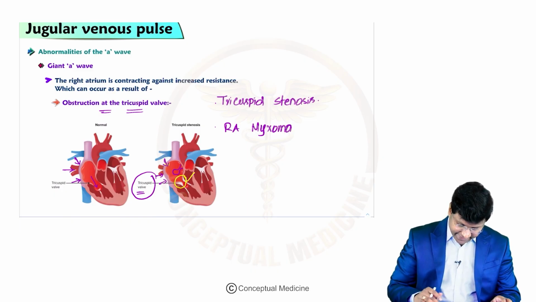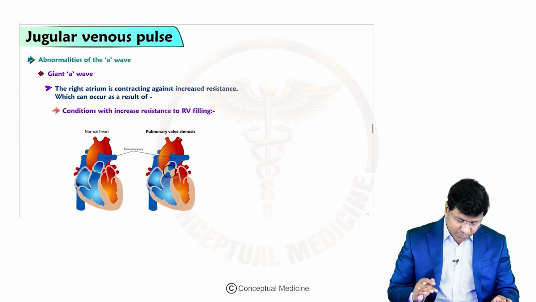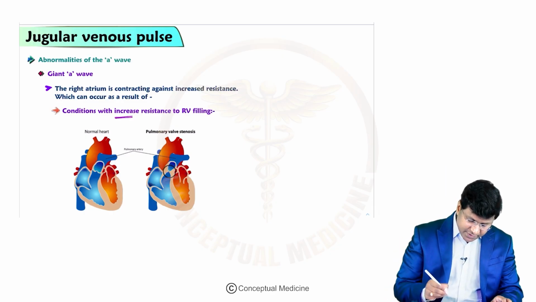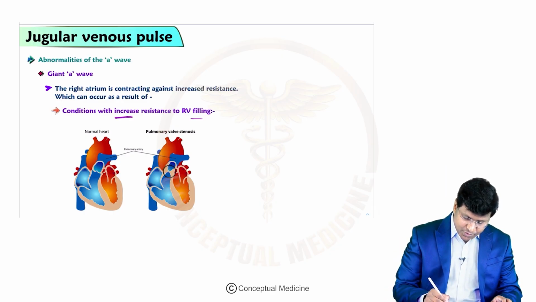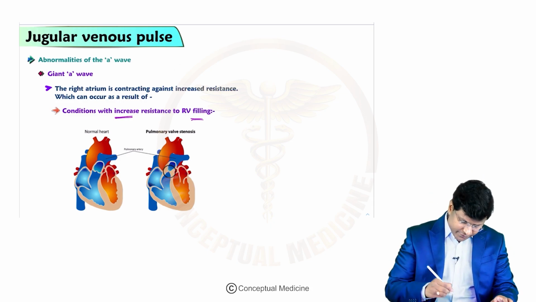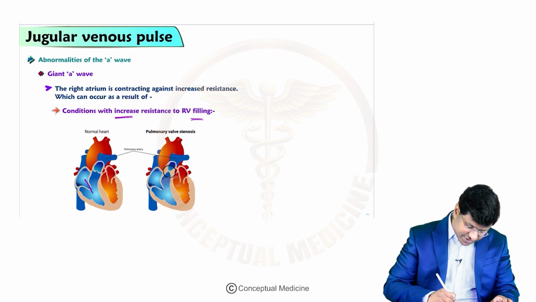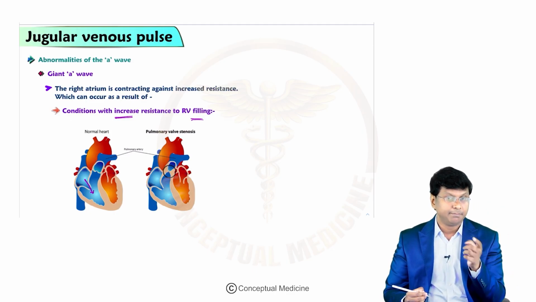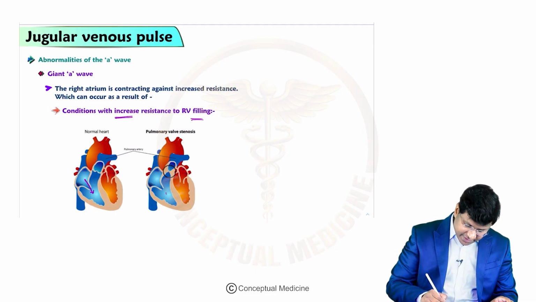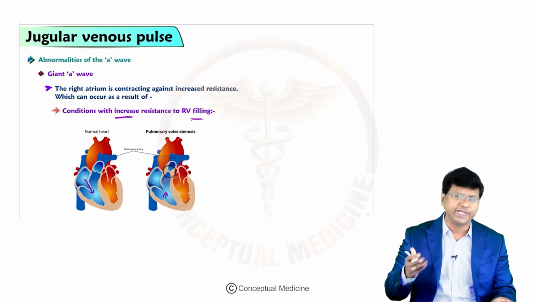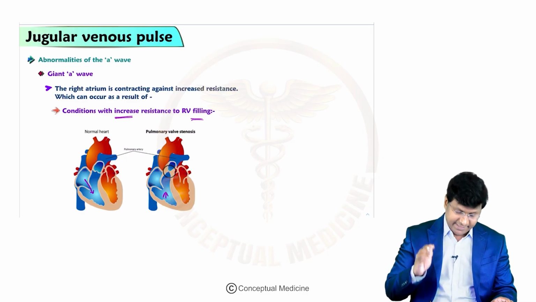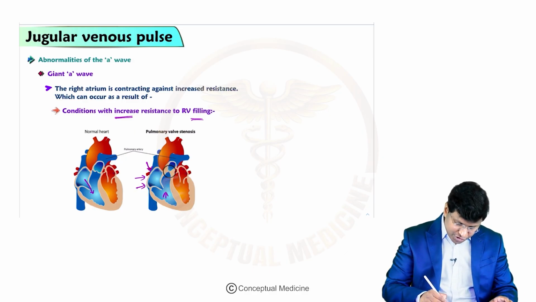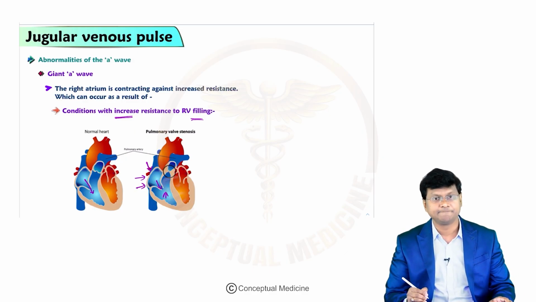Next, the other clinical scenario where you can have a giant A wave is the condition with increased resistance to RV filling. What did I tell you? When the right atrium contracts, the right ventricle should be in a position to receive the blood. But if the pressure within the right ventricle is more due to any pathology, then the right atrium has to contract very strongly to push the blood into the right ventricle.